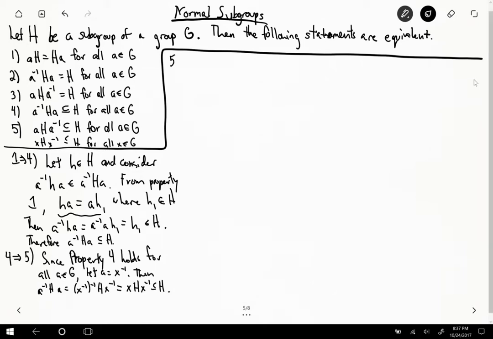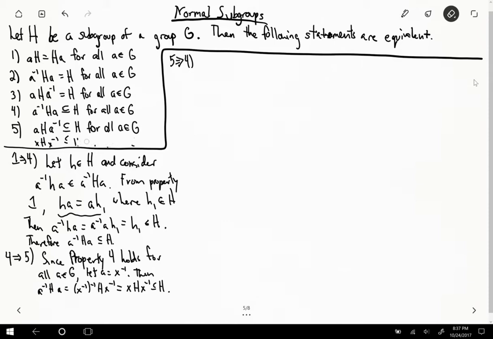In a similar manner, 5 implies 4. Remember, I can change statement 4 to X inverse H X contained in H for all X in G. It's just changing the name of the variable. That makes no difference.